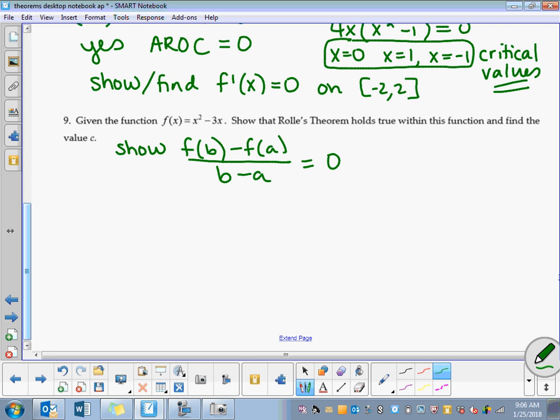Alright, so I need to find 2 points on the curve with the same y values, because that's how that's going to happen.